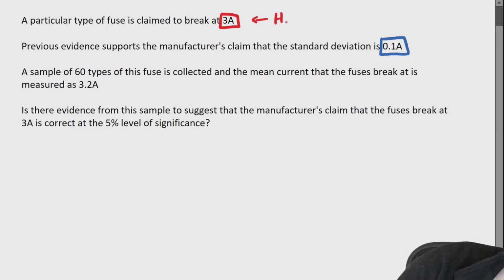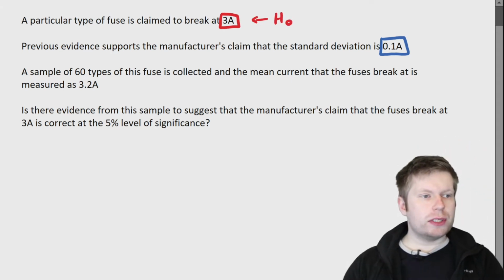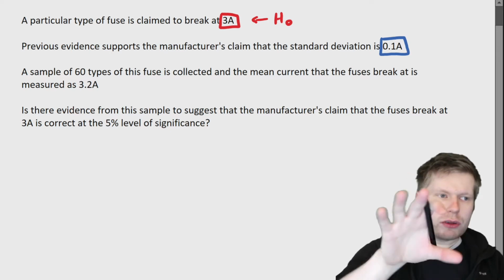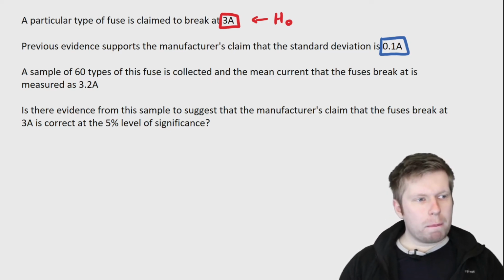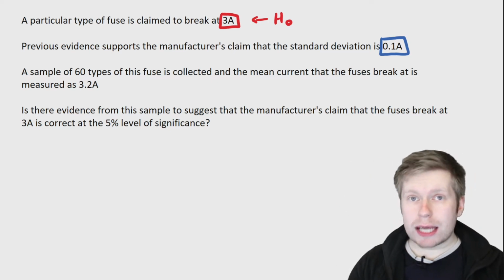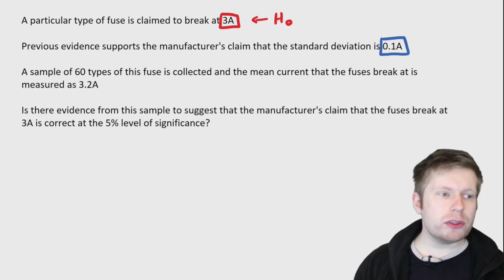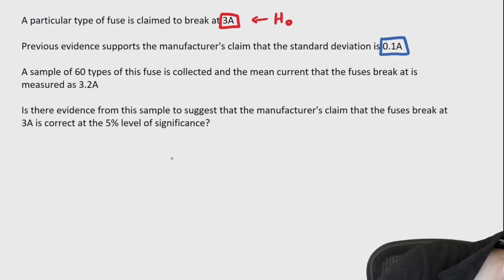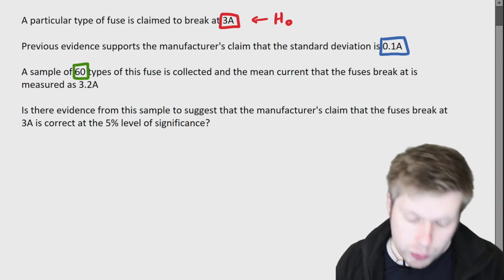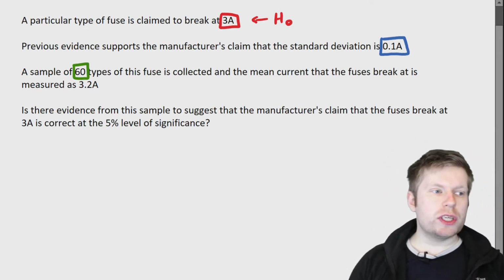So this is our null hypothesis: a particular type of fuse is claimed to break at 3 amps. That's our null hypothesis. So we go out and collect sample data. We collect 60 fuses, and we measure the mean current that the fuses break at.